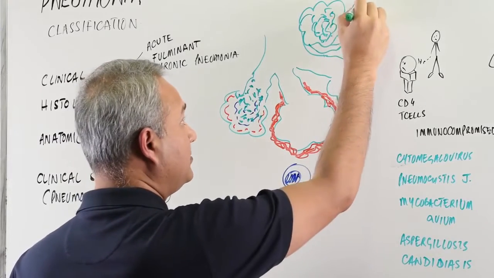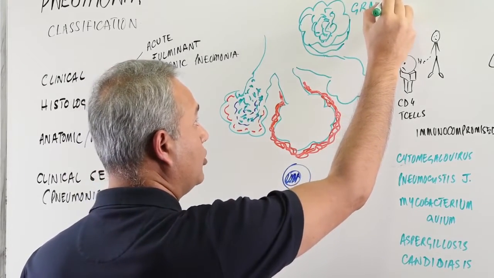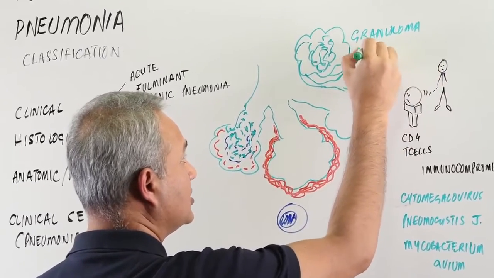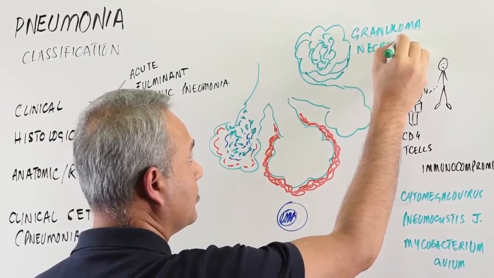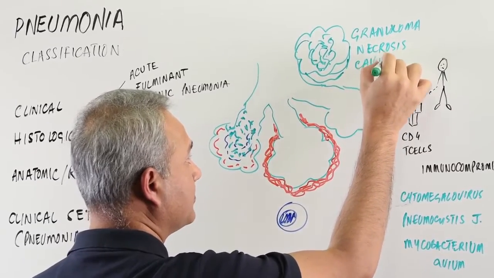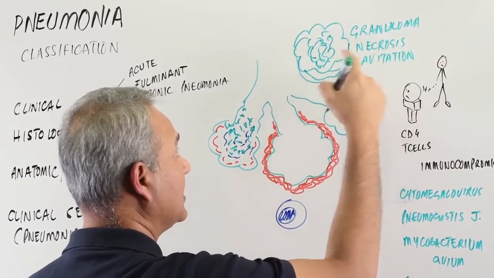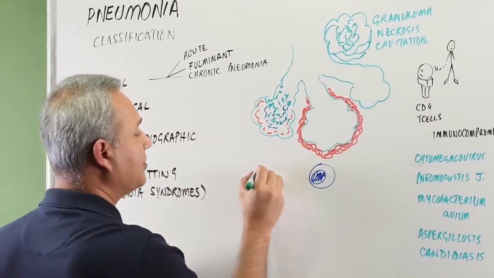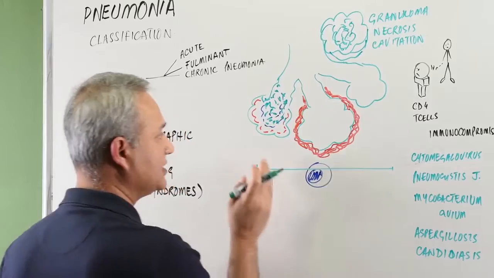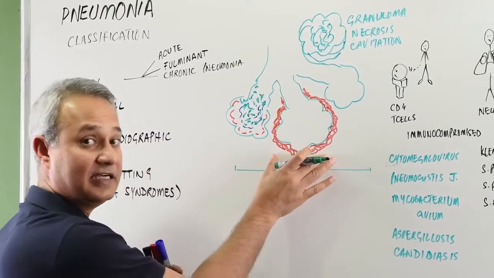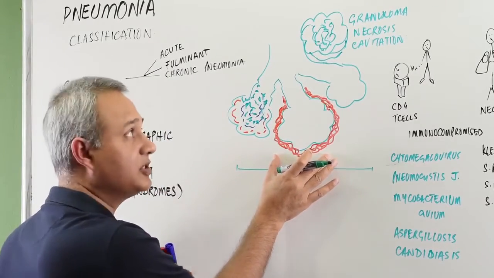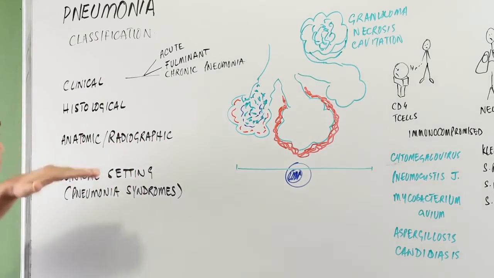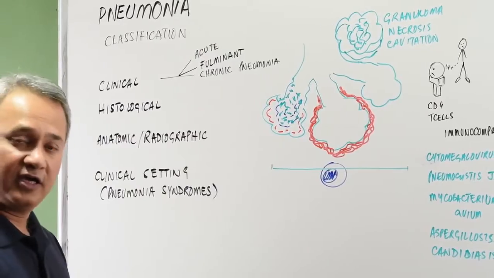So granuloma, necrosis, cavitation, etc. are present in the chronic. So histologically you might see a pattern from pus, to atypical pneumonia or interstitial inflammation, or in the chronic cases the granulomas. Then there is the anatomic and radiographic classification.